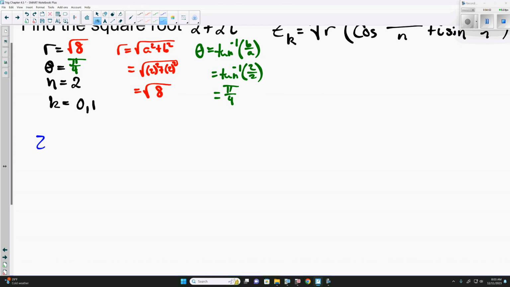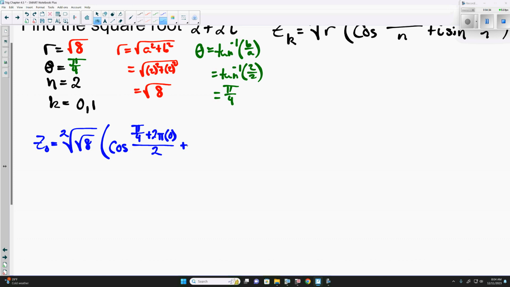So when we set this up, we're going to set it up as two of them. We'll have z sub 0 and z sub 1. I'm going to go on and set them up fully, and then we'll do calculations in a minute. Now, z sub 0 is going to be the square root, so 2 is our n, of r, so the square root of the square root of 8, times cosine of our theta, which is pi over 4, plus 2 pi times 0 over 2.